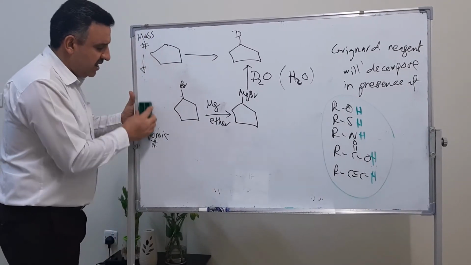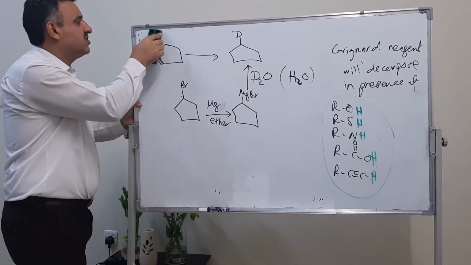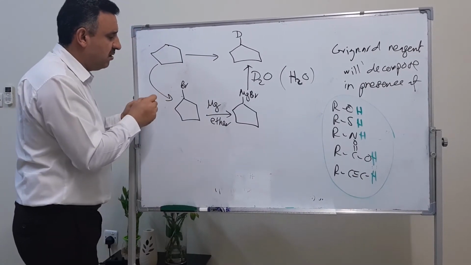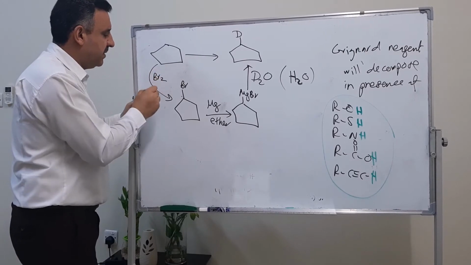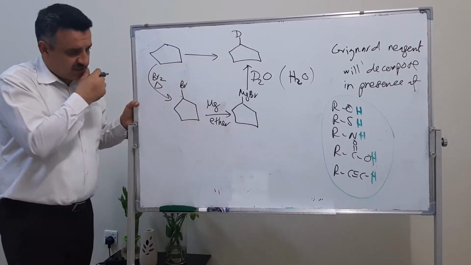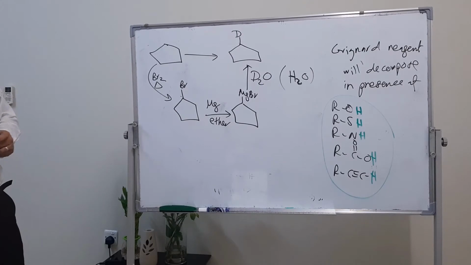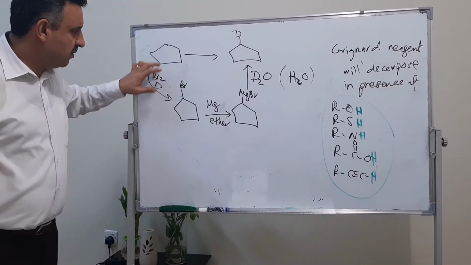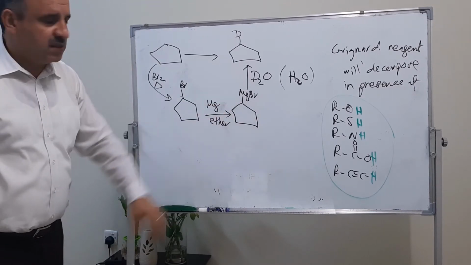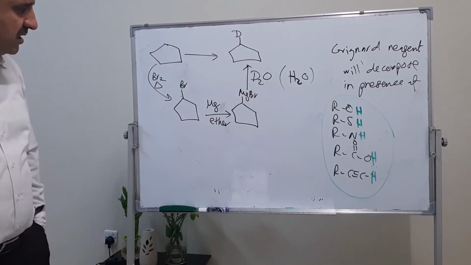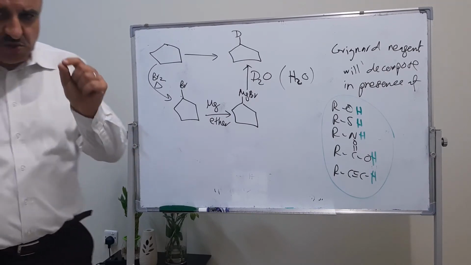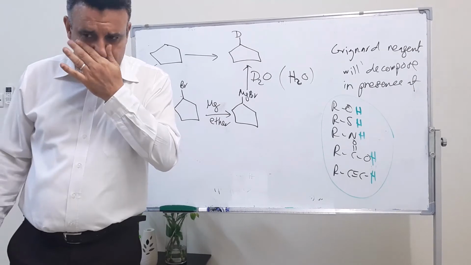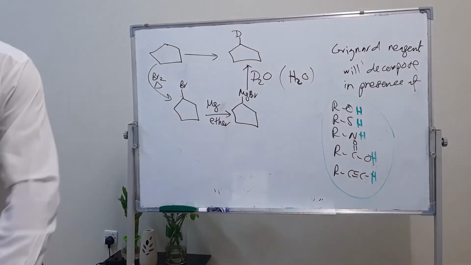Then, how to introduce a halogen to an alkane? The only possible way is by reacting with bromine in the presence of heat, for example. So as you can see, we can do such a conversion in 3 steps, introducing specifically an isotope of hydrogen on the alkane system.